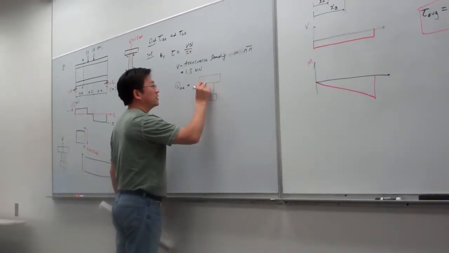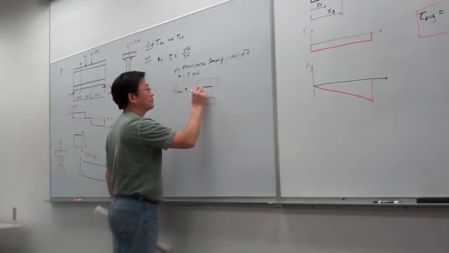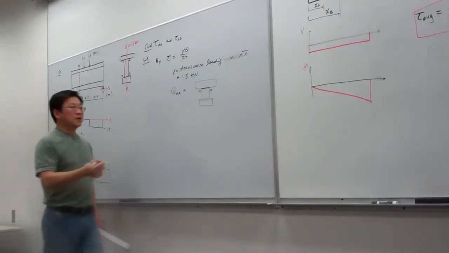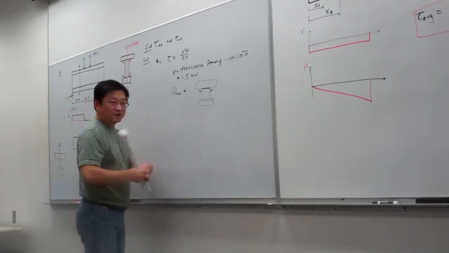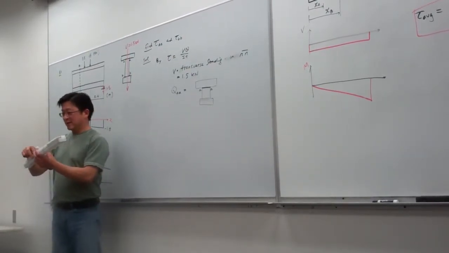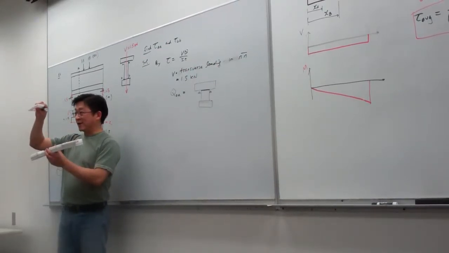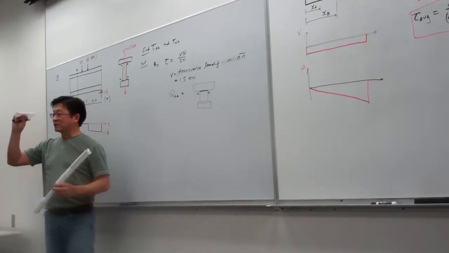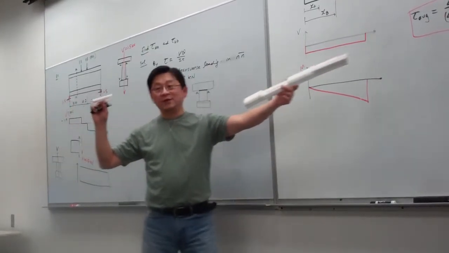So AA is here. So what is Q? This is the slice we pick, right? And that is the cross section we've been using in these formulations.